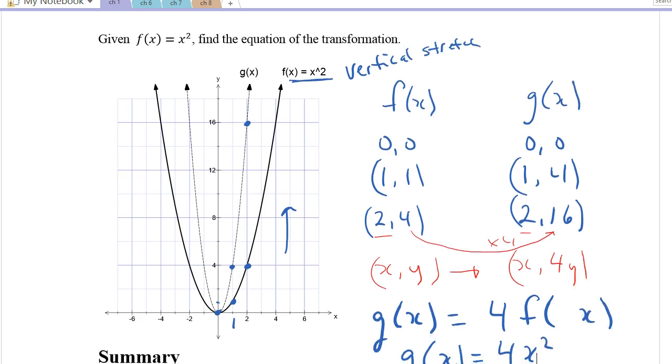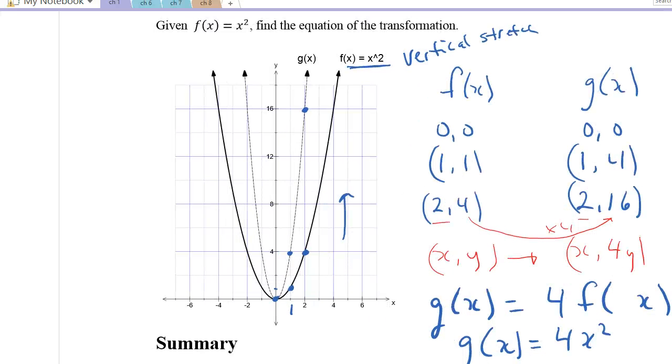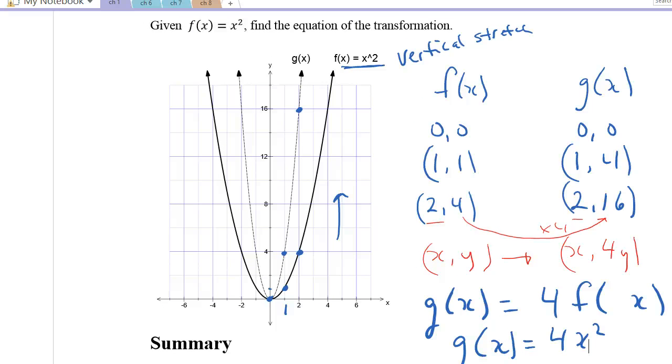I could actually also look at it, and sometimes you can do more than one transformation and you'll get the same result. So if I erase this work here, instead of a vertical stretch, I could think of this as a horizontal compression.